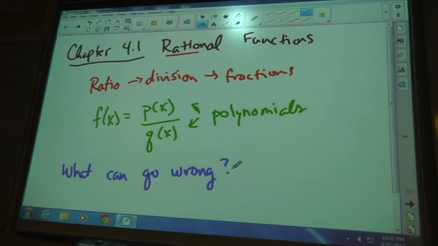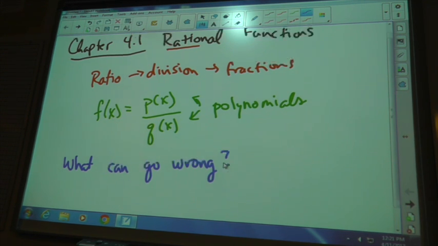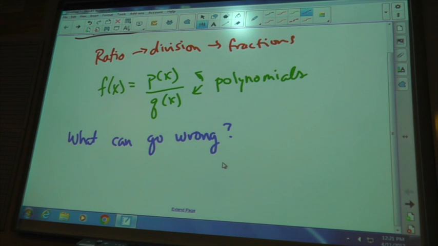You don't know how to divide. You forgot how to divide. That can be wrong. Reducing? But is that wrong? Oh yeah, if you can reduce, you're gonna get it wrong. So that's something that can go right. If you can reduce it, that's a good thing, because you made it simpler.